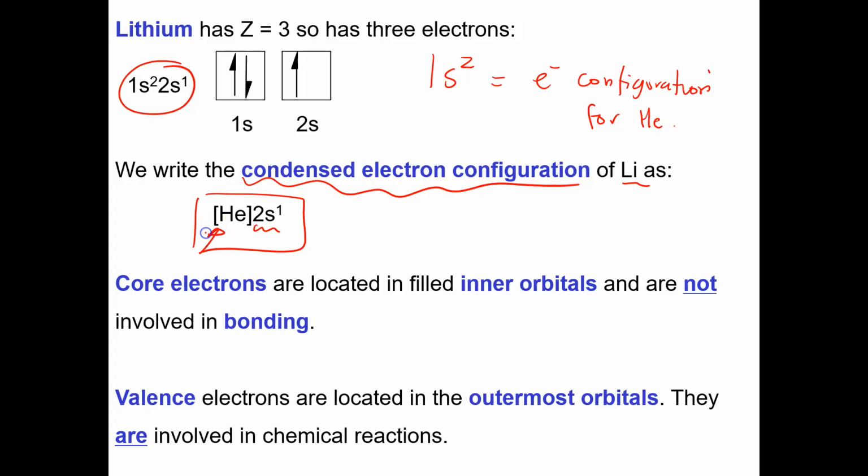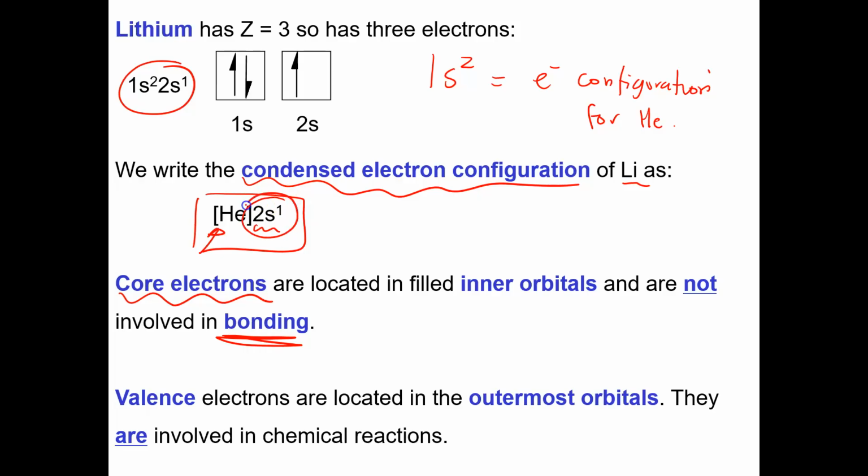These inner electrons that are in the helium configuration are referred to as core electrons. And atoms cannot interact with one another through their core electrons. They always interact through their electrons that are on the outermost surface. So these guys are not involved in bonding, so they're less interesting to us.